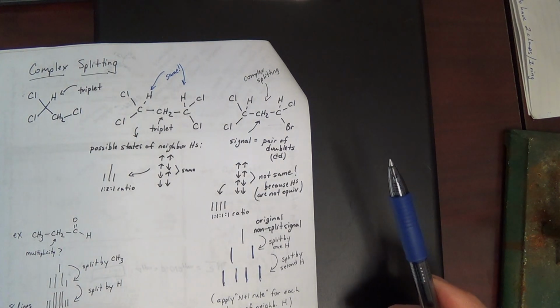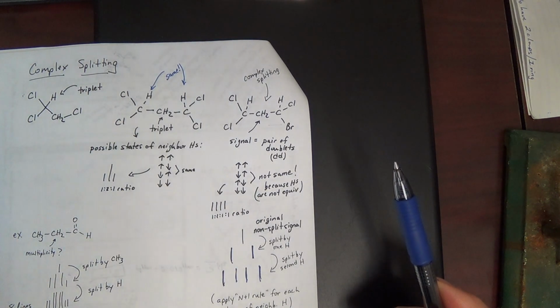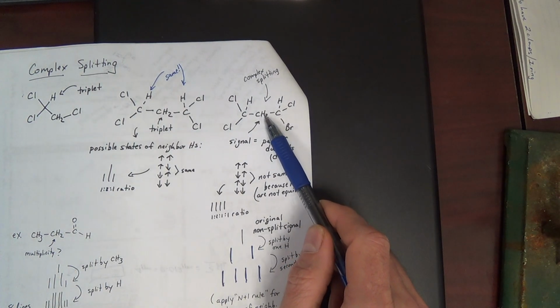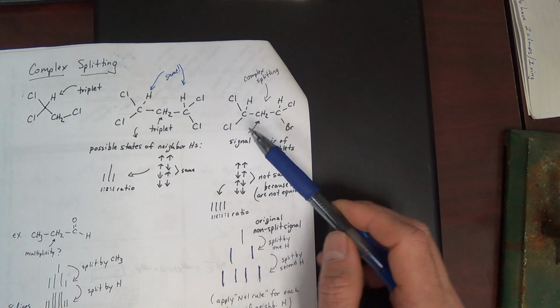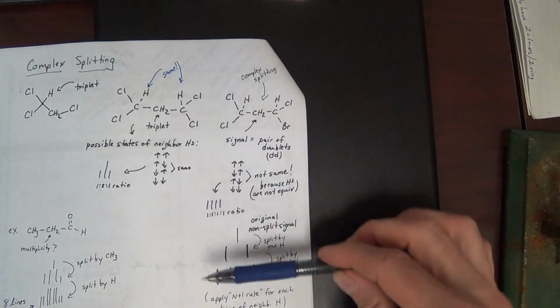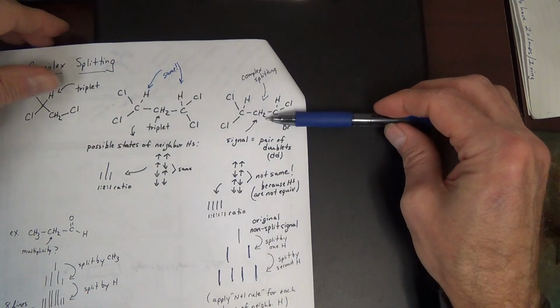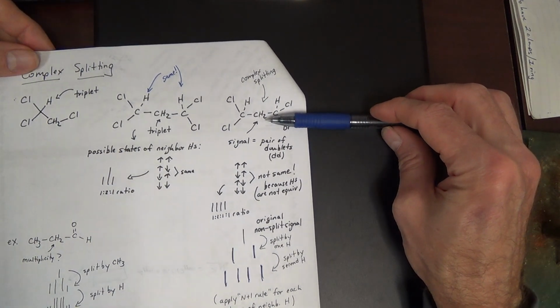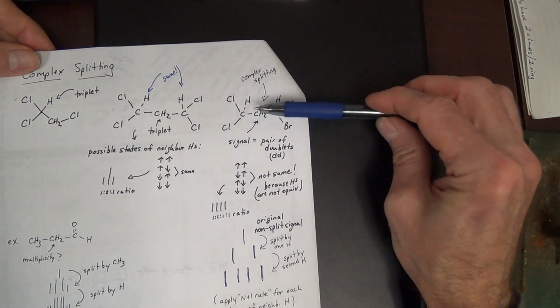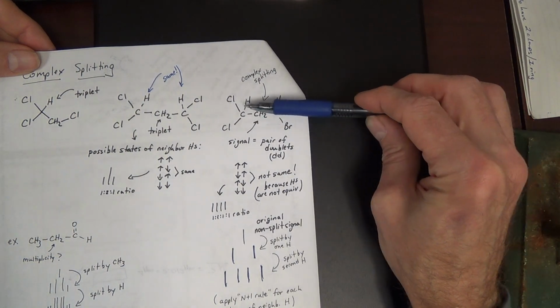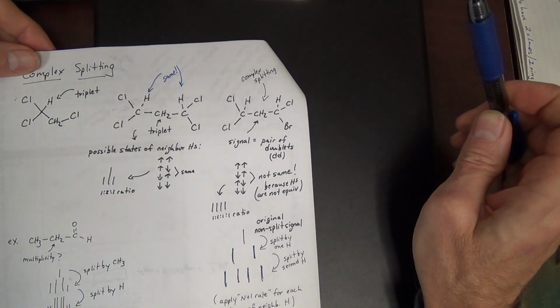Now, some books and some instructors may let students get away with this. But if you really want to learn the theory of splitting, you need to pay attention to this. Again, ultimately, we're just applying our n+1 splitting rule twice here because the H's are not the same.